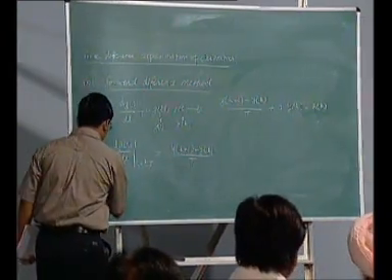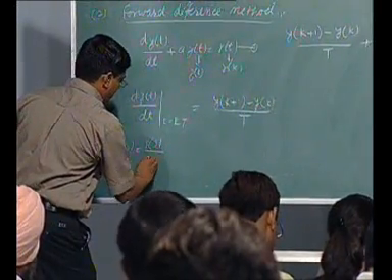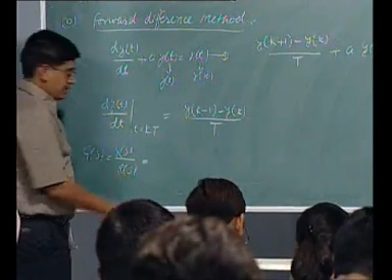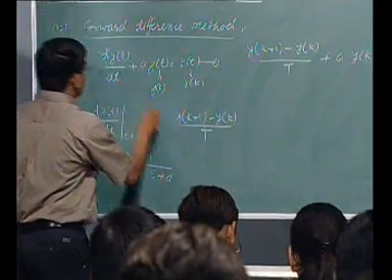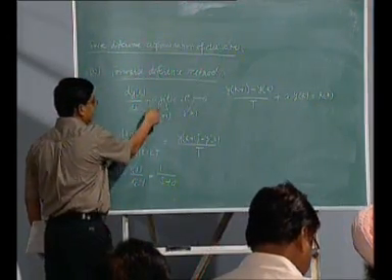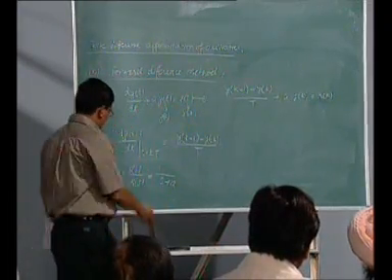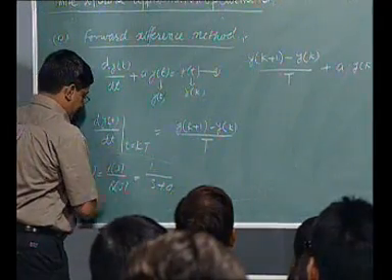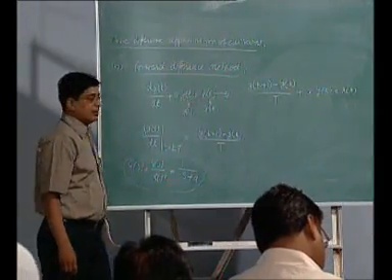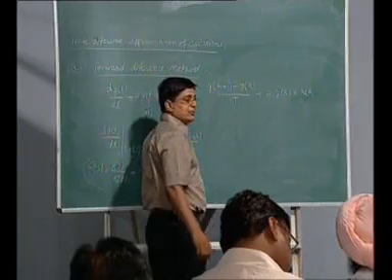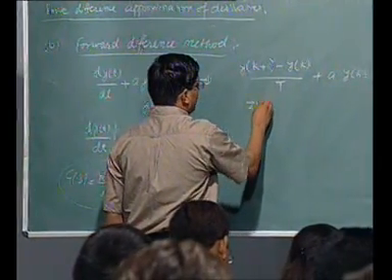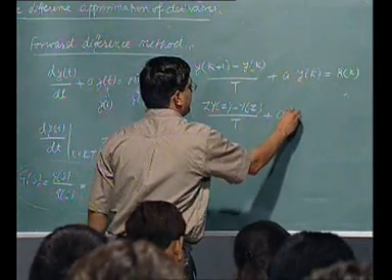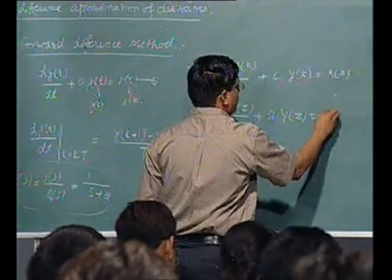So, s Y(s) plus a Y(s) equals R(s). So G(s), that is Y(s) upon R(s), will be 1 upon (s plus a). Now, take the z transform of this equation. So, it will be (z Y(z) minus Y(z)) upon T plus a Y(z) equals R(z).